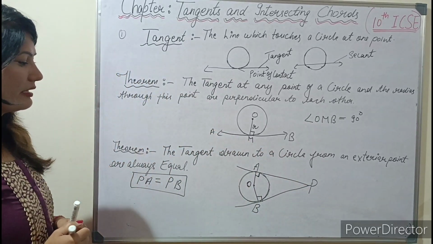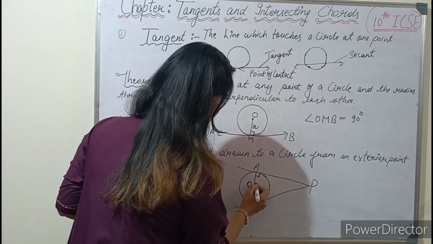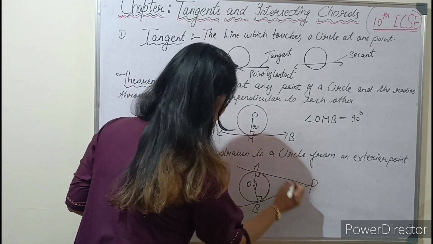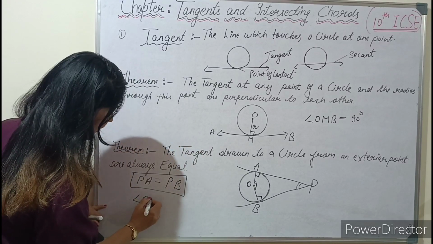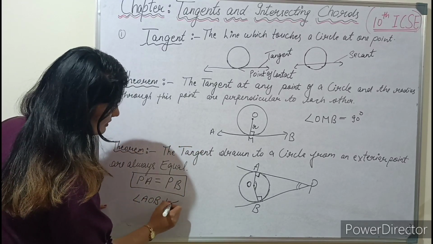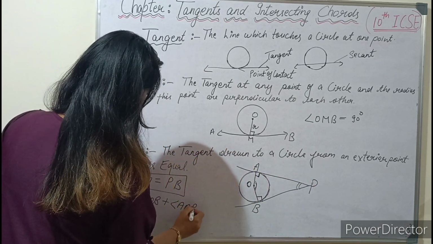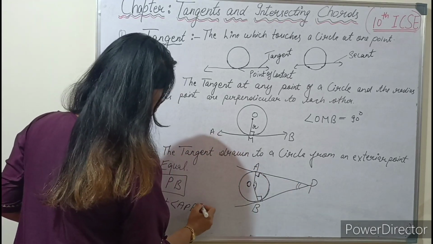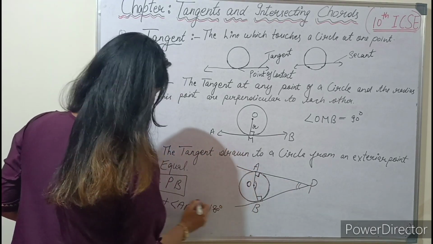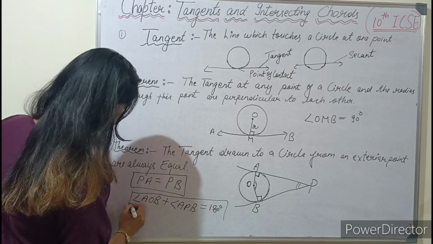Now these two angles are left, angle O and angle P. So we can also conclude that angle AOB plus angle APB, the sum of the central angle and the exterior angle, is always supplementary. That is, the sum of both the angles is always 180.